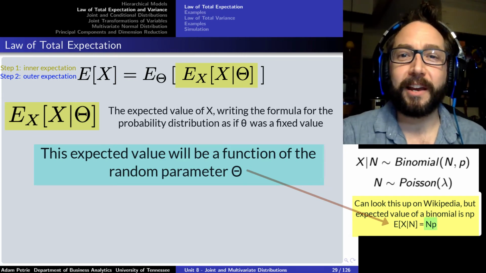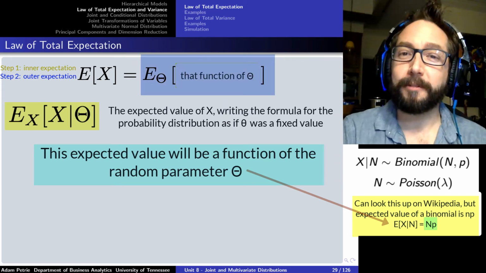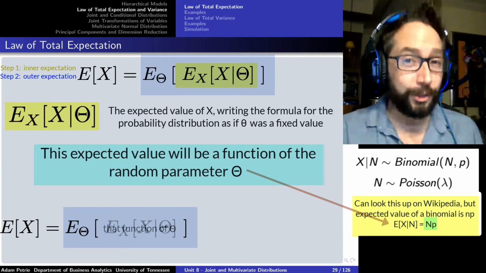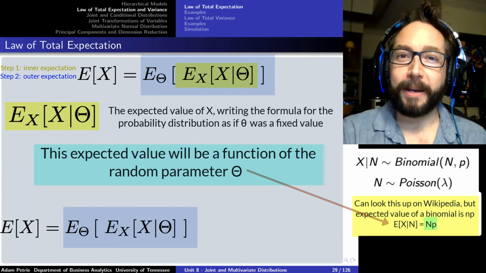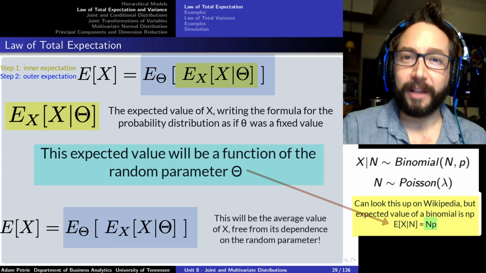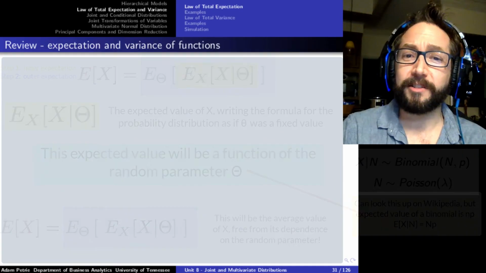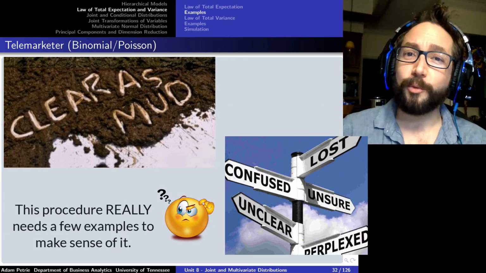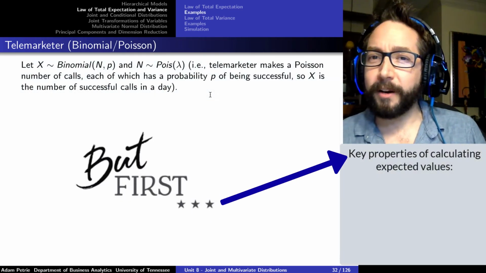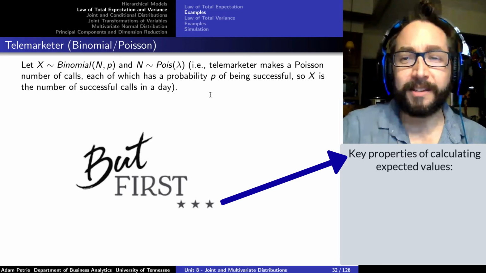Step two is going to say, okay, well now, with respect to the probability distribution of that parameter, let's get the expected value of that function. Once we do that, by the law of total expectation, that is going to be the expected value of our random variable X. So we've really got to work through an example in order to really understand this. And so let's go ahead and work through the telemarketer example. The only two things that we want to remind ourselves about how expected values work is the following.